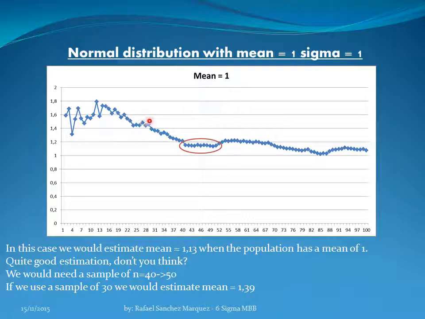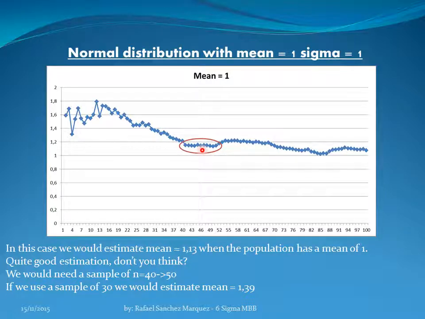So as you can see, this is of course a graphical method. When the value of the mean of the estimation is converging, so it is getting more stable, then we would make the decision to stop taking more samples. So in this case, we would make the decision more or less here, where the graph is telling us that the value has already converged.